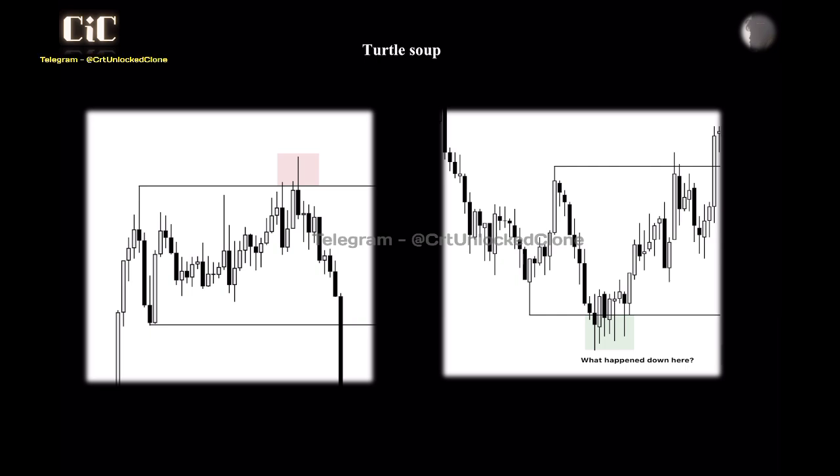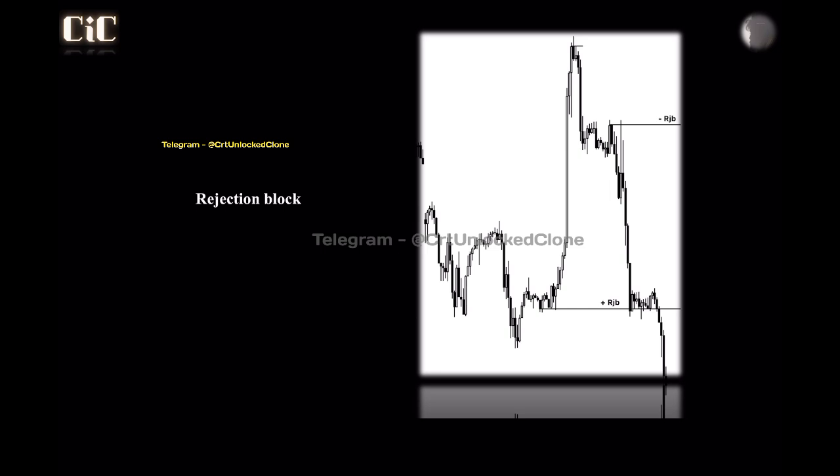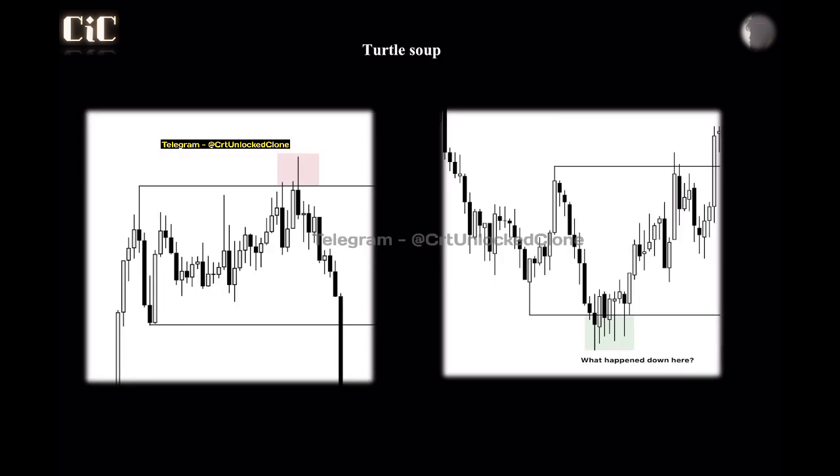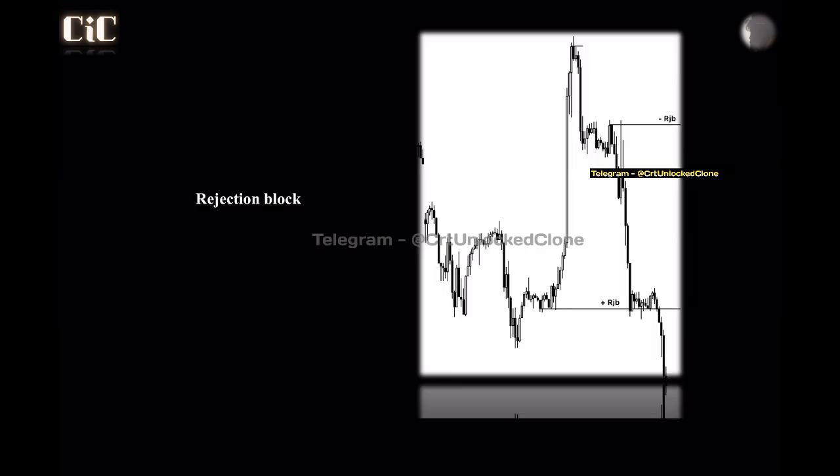Adding new short positions in the market, and then using that fuel to push higher and make some money. They make some money out of the retail traders, right? So that's basically turtle soup. Rejecting an old high or rejecting an old low in plain dumbed down English.